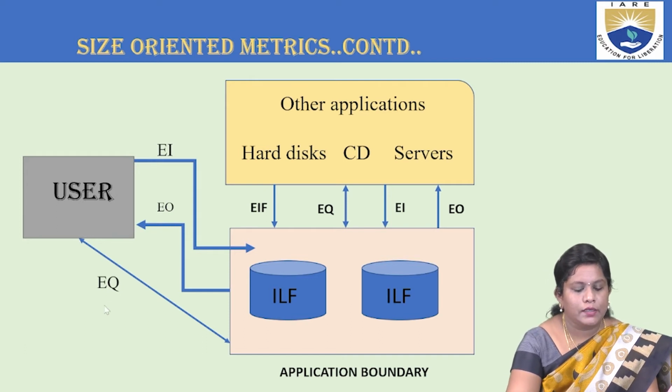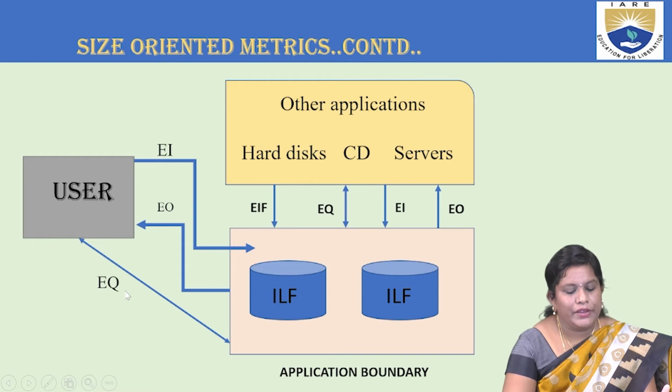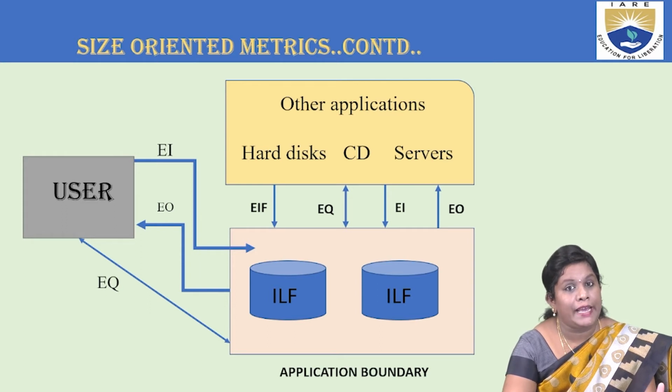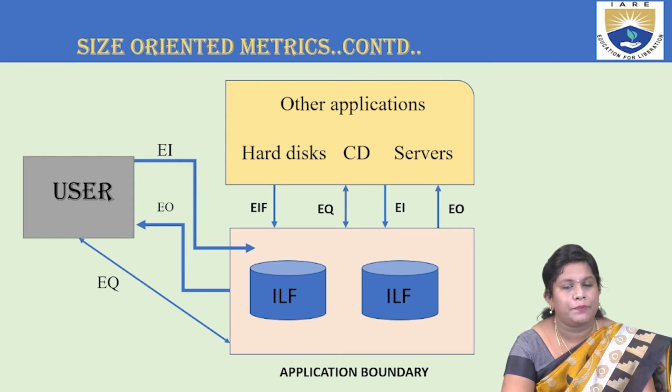Looking at the terms here, we have EI, EO, EQ that are all linked up with the user to the present application. What are they? EI is external inputs, EO stands for external outputs, and EQ stands for external enquiry, which goes both with input and output. So you can see there is a bidirectional line between the user and the application boundary, right?